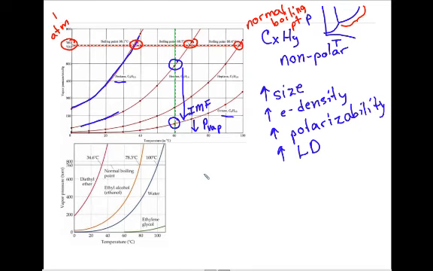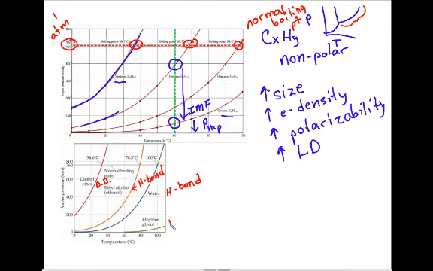Now let's compare substances of a little bit different type of comparison here. In this other graph, we have water, which can hydrogen bond. We have ethanol that also can hydrogen bond, but I think I'm going to make a good point that its hydrogen bond is weaker. Then we have diethyl ether, which is dipole-dipole.